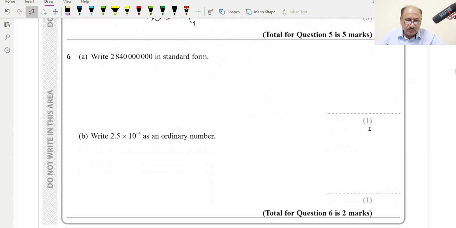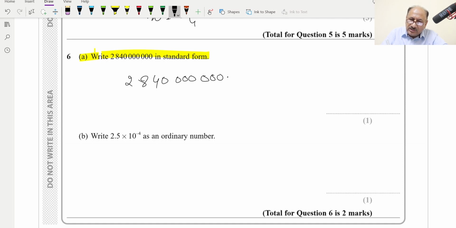Hopefully you understood this. Then write this in standard form. This is 6a. Standard form, you know, is decimal after first non-zero number. I'm just copying the question. 1 2 3 zeros, 1 2 3 zeros. Now we can suppose decimal is over here, and this decimal we need to transfer in between 2 and 8, and how many jumps we'll have to take? 1 2 3 4 5 6 7 8 9 jumps we will be taking.